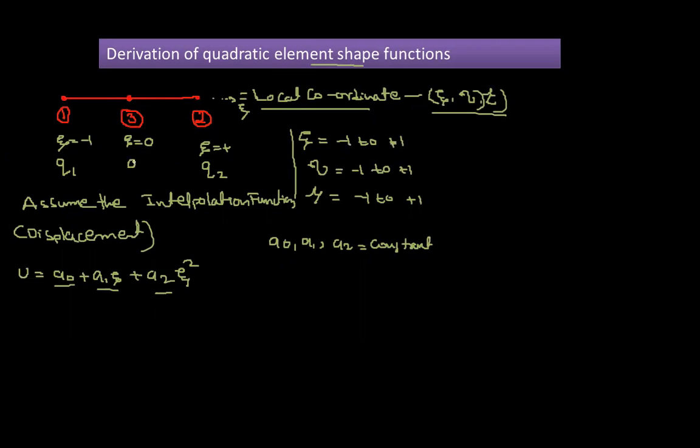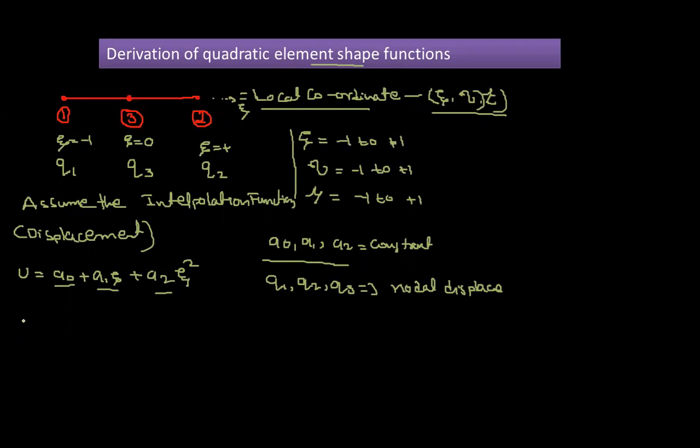So q1, q2, q3 are the nodal displacements. Now I need to calculate the three constants, and to calculate them, we need three equations. So let us try to solve this.